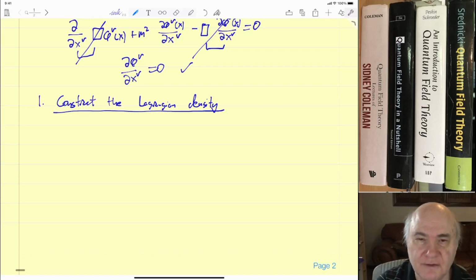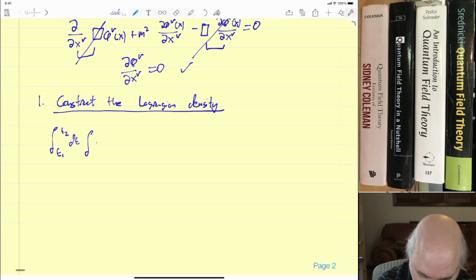I'll construct it by what I said in one of the lectures: you multiply by the variation of phi and then you integrate. So we'll have the integral from t1 to t2 of dt, the integral of d3x, delta phi mu, this is the variation in the field. Then we multiply that by the wave equation.